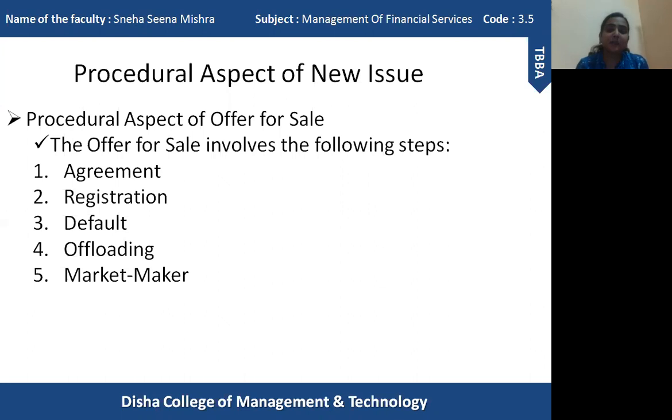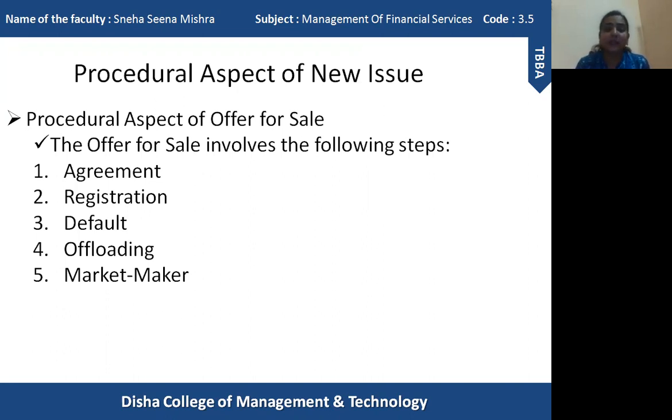For example, if a company wants to issue shares in Bhubaneswar or in Odisha only, they need to submit the agreement to the Bhubaneswar Stock Exchange. Like that, in each and every state there are specific stock exchanges, and they can register this agreement depending upon the area in which they want to enter into the agreement with the sponsor or the merchant banker. Okay, so that is the second step of offer for sale.